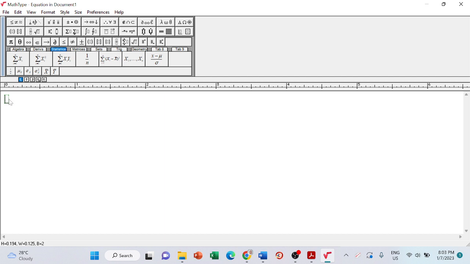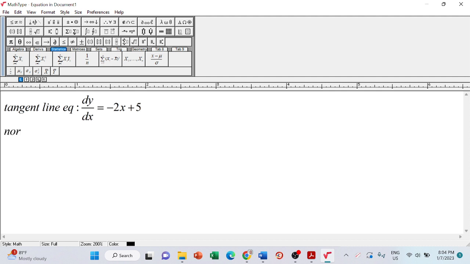Something like this one. Let's say your tangent line equation is negative 2x plus 5. So this is the tangent line equation. Then the normal line equation.